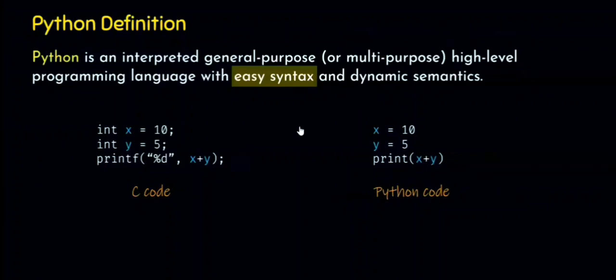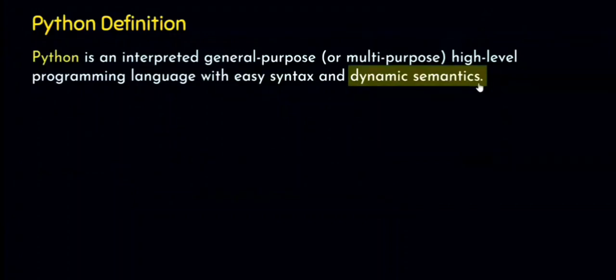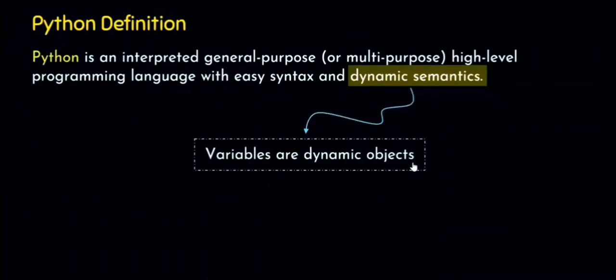Now, as you have understood the meaning of easy syntax, let's try to understand the meaning of dynamic semantics. What is the meaning of dynamic semantics? Dynamic semantics means variables are dynamic objects in Python. Now what does this statement mean? In order to understand the meaning of this statement, we need to consider the same example which we have seen just now.